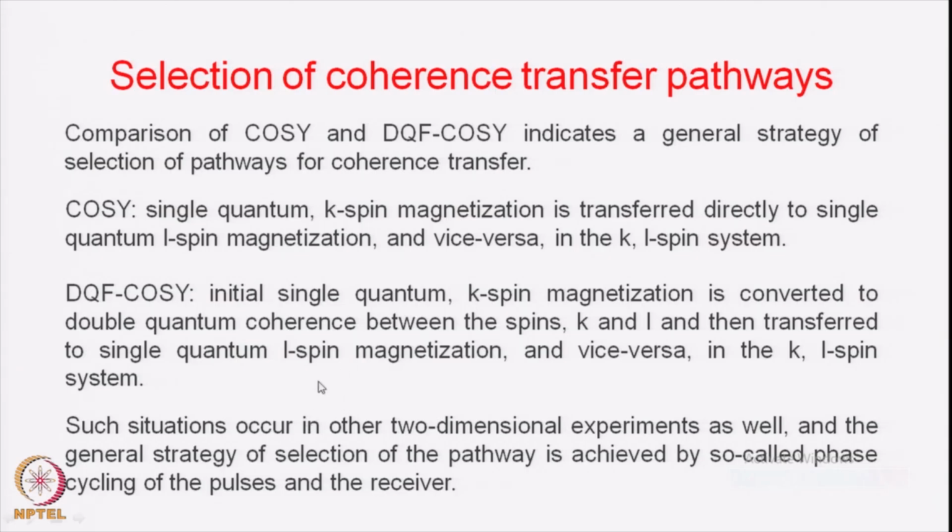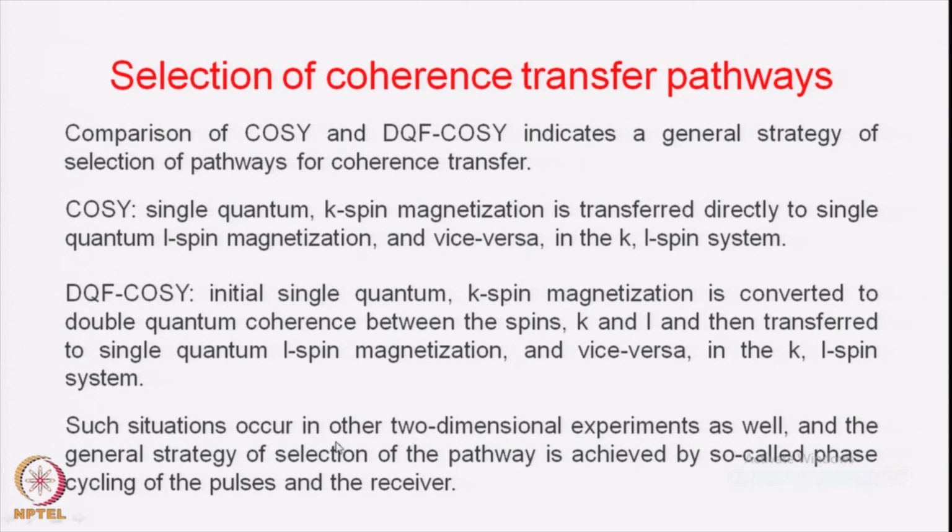In the 3rd experiment which we considered, that was the NOESY experiment, where the Z magnetization is selected. We throw away the single quantum coherence that is created after the first 2 pulses, and the double quantum coherence is also thrown away, and the 0 quantum coherence which remains actually decays because of the long mixing time which is used in the NOESY pulse sequence, and by suitable adjustment of the mixing time one could also eliminate the 0 quantum coherence which was created in the 3 pulse experiment.